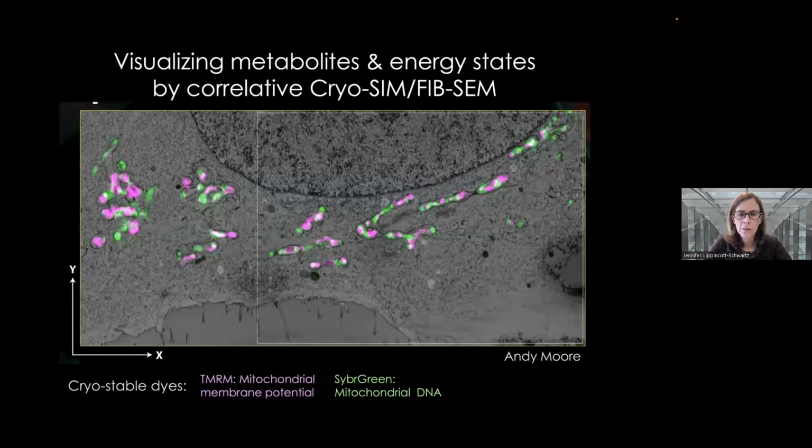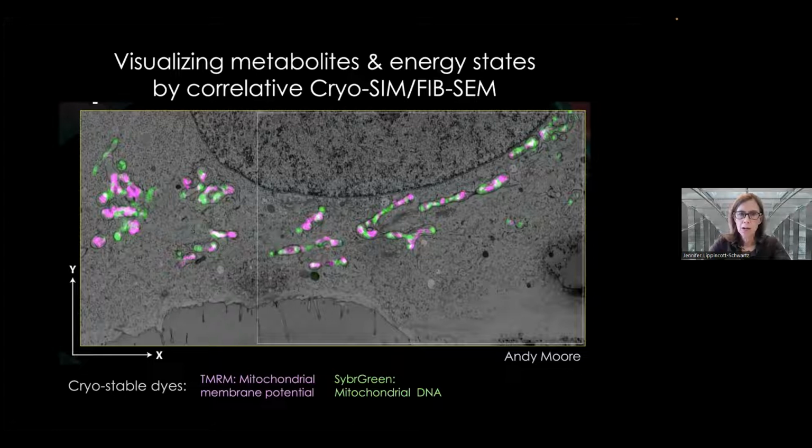It turns out that we've realized that you can also image various metabolites and other types of properties of these organelles using fluorescent dyes, which also are preserved in their fluorescence at cryo temperatures.